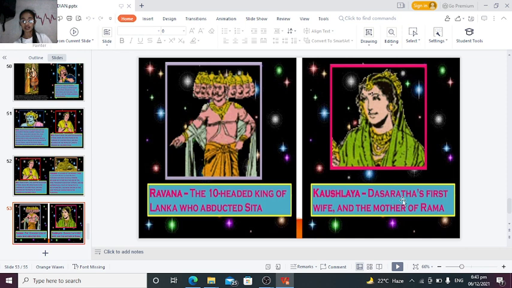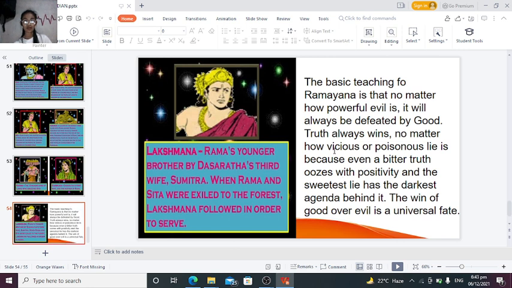Kausalya, Dasarata's first wife and the mother of Rama. So we have here Lakshmana, the last character, Rama's younger brother by Dasarata's third wife Sumitra. When Rama and Sita were exiled to the forest, Lakshmana followed in order to serve.